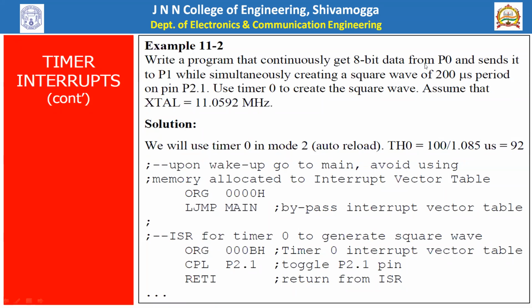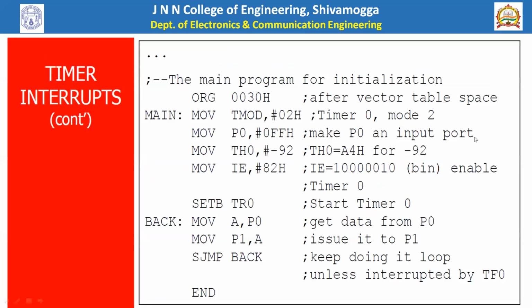Because the period is 200 microseconds, one pulse width, that is the on period, is 100. So 100 divided by 1.085 gives you 92. Minus 92 is FF minus 92, or you can straight away write minus 92.